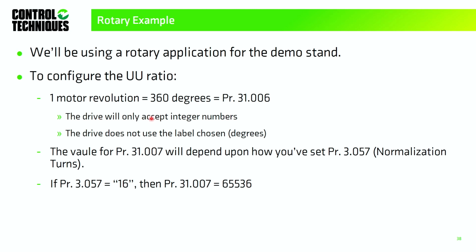Now the drive will only accept integer numbers, and that is very important to understand. The drive does not label them as degrees. It's assumed to be degrees based on my entry. So the value for 3107, of course, is going to depend on how you set normalization turns, but it's going to be left at 65,536.